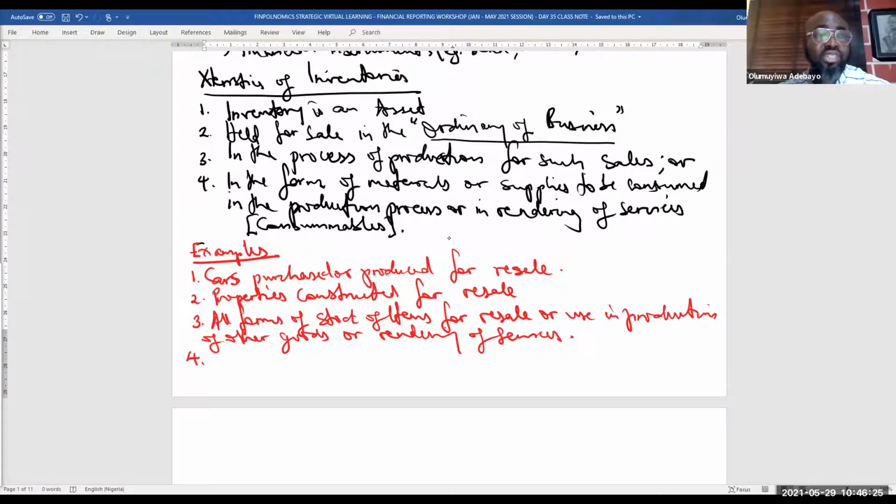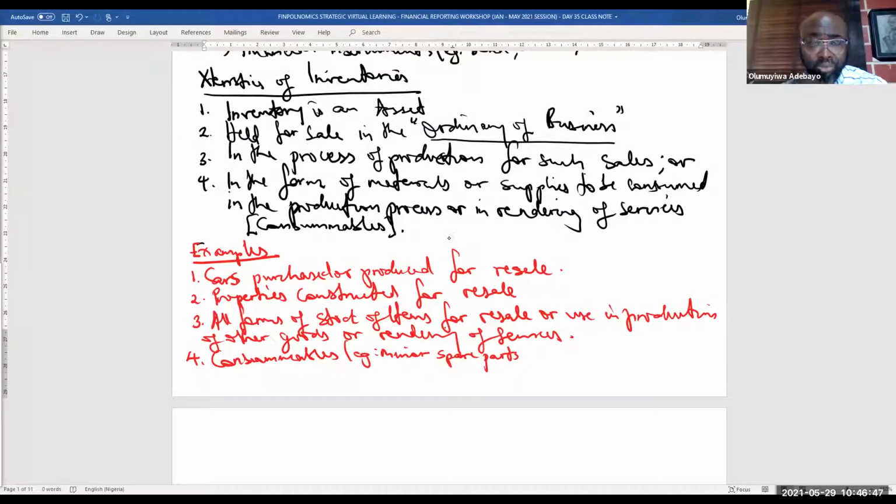Okay, that means you are talking of consumables. Consumables, e.g., minor spare parts, you have to be careful, because there's a thin line between inventory and PPE when it comes to spare parts.